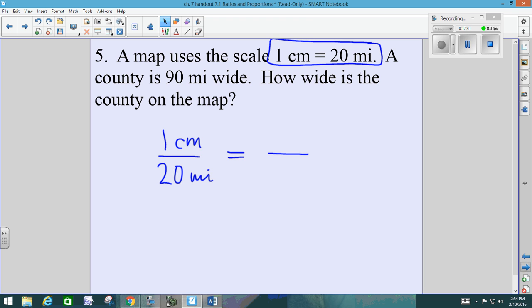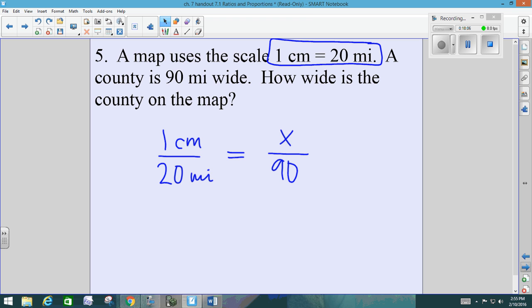X over 90? Why not 90 over x? Excellent. You have to compare like parts. So if we put miles in the denominator the first time, then I got to put the miles in the denominator the second time. How do you solve a proportion?